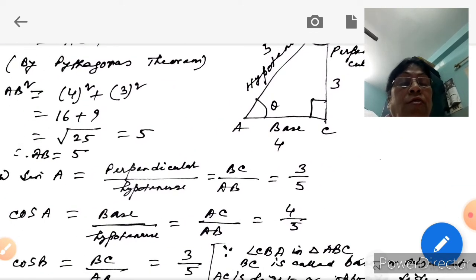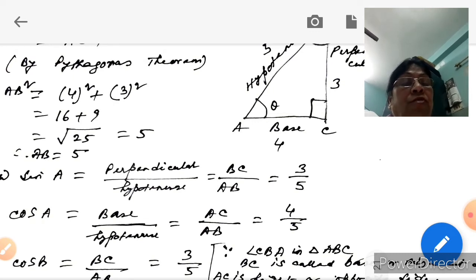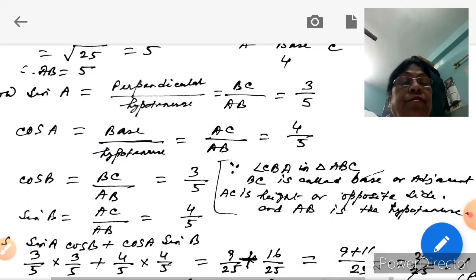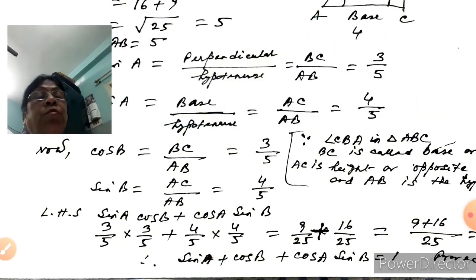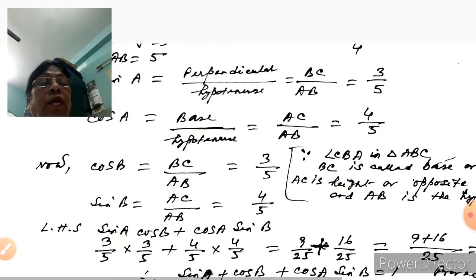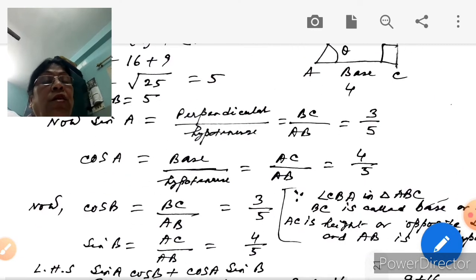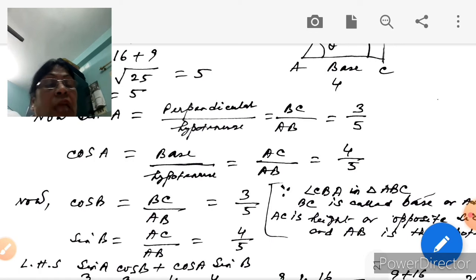So, cos A is equal to base by hypotenuse, that means AC by AB is equal to 4 by 5. Now we have to find the value of cos B and sin B.